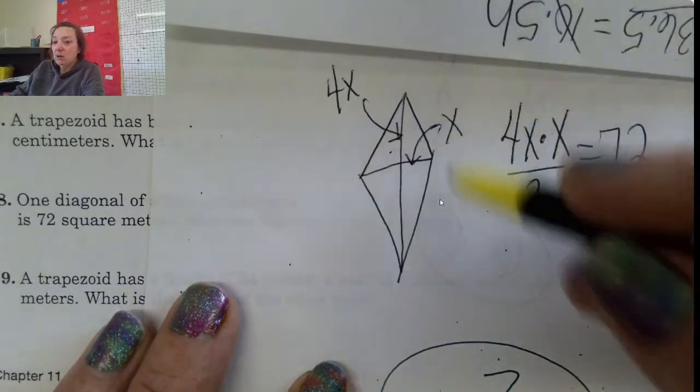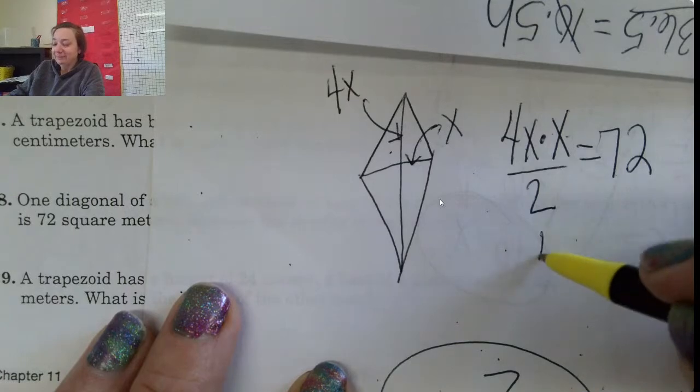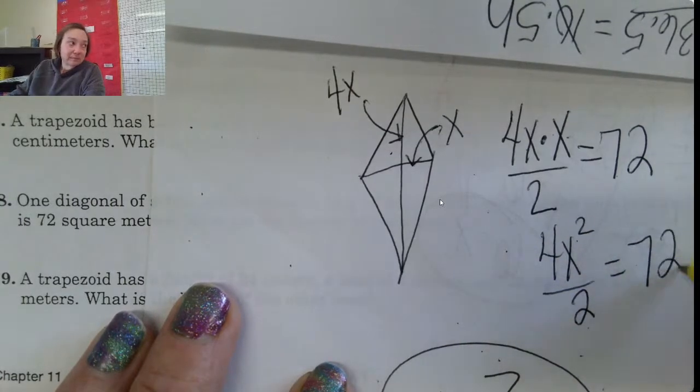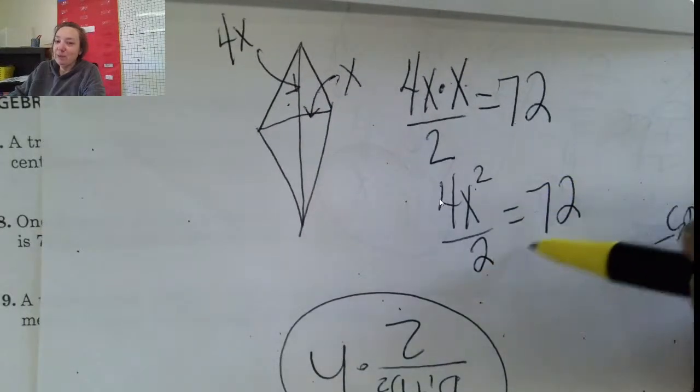So to solve this, first of all, what's x times x? Fernando? Okay, so we've got 4x squared divided by 2 equals 72.